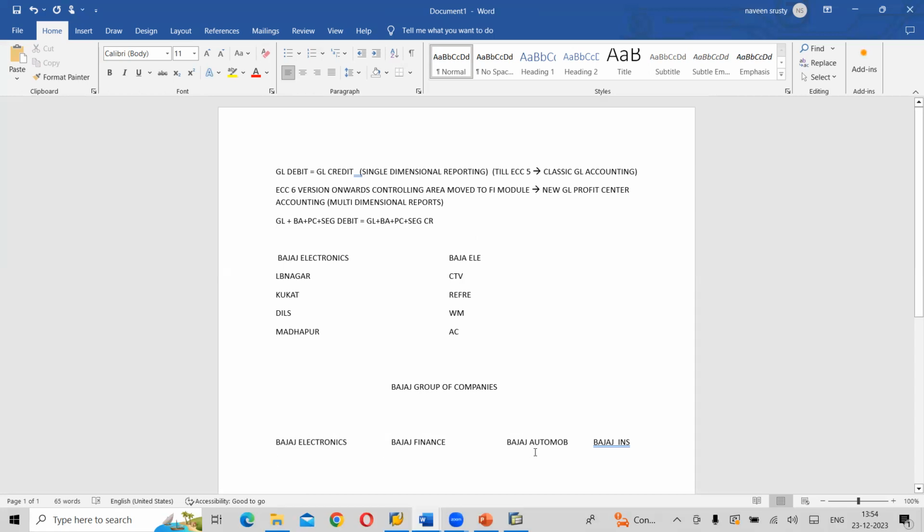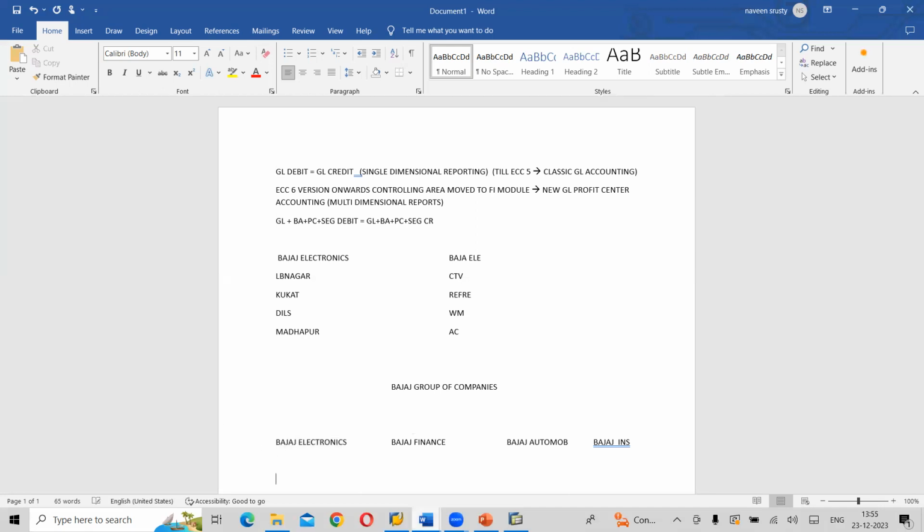Bajaj Automobiles transactions under Bajaj Automobiles, and Bajaj Insurance transactions under Bajaj Insurance. Correct? All the sets of books are maintained at the respective trading partners. Understood, right?